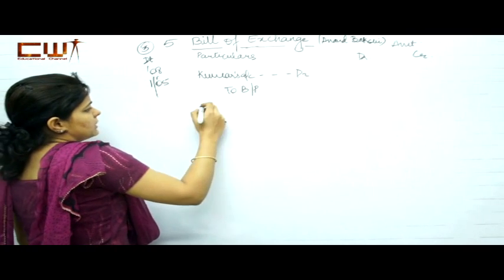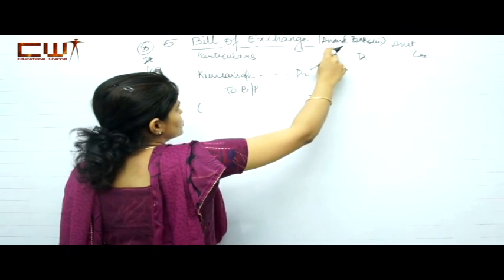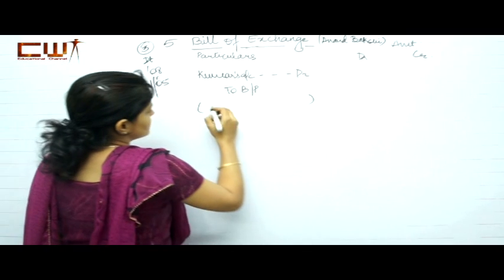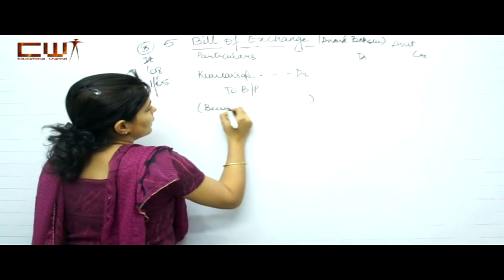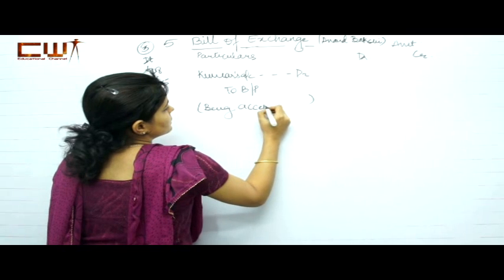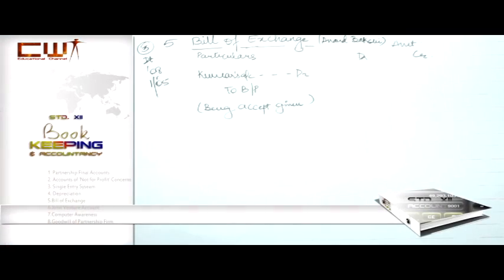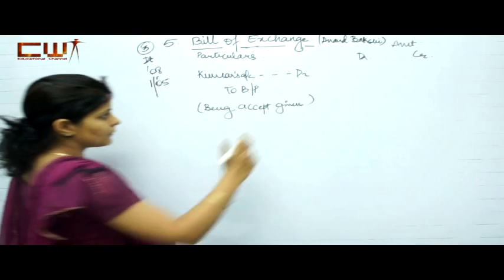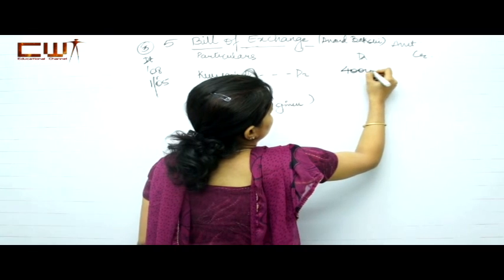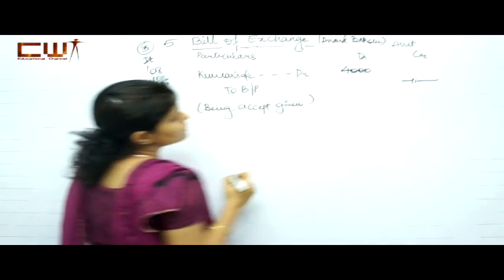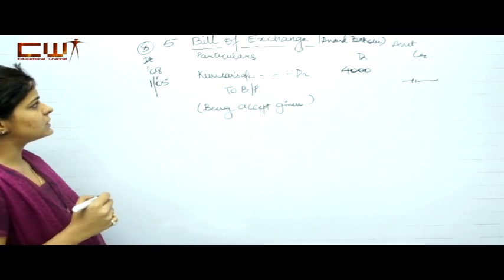Alright, because it is a liability for Anand Bakshi, that is the drawee, so it will be bills payable. This will be being acceptance given. How much is the bill for? The bill is for rupees 4000. 4000 here and 4000 on the credit side.